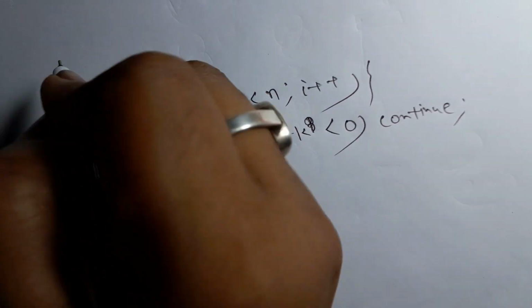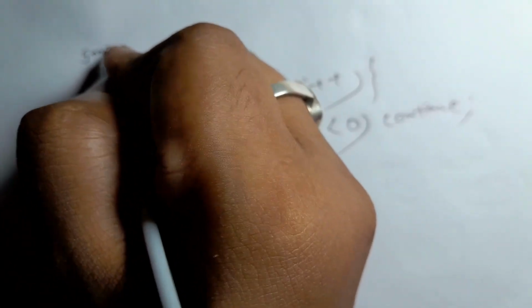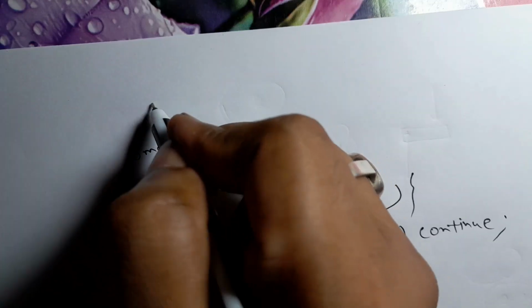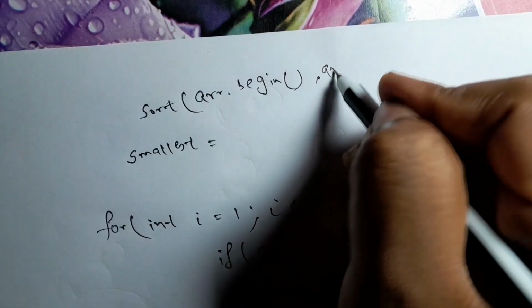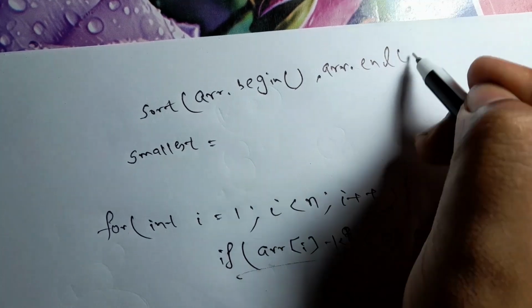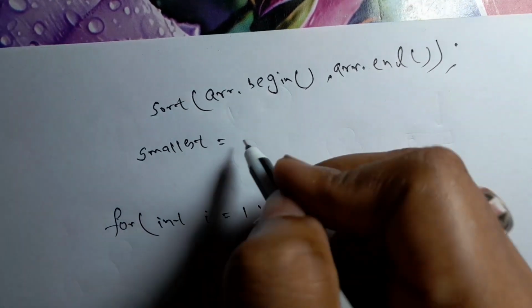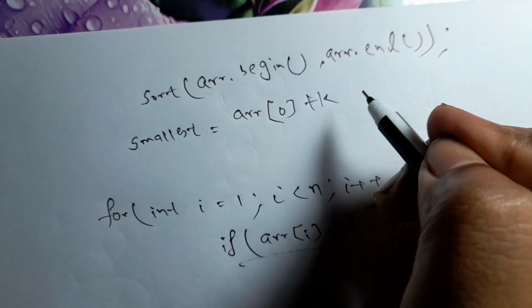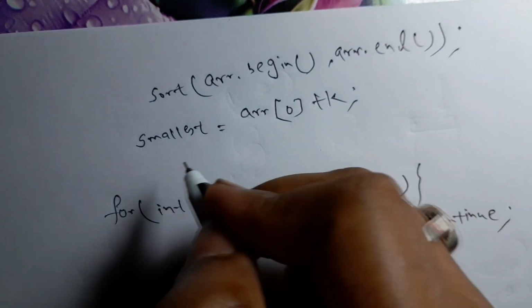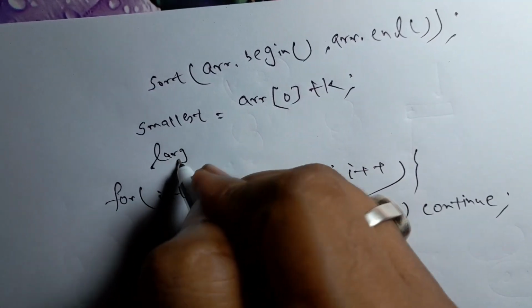Now, the smallest element: after sorting, we have to sort first, array dot begin, array dot end. We have sorted our array. Now our smallest element is array of 0 plus k. Hope it is clear.